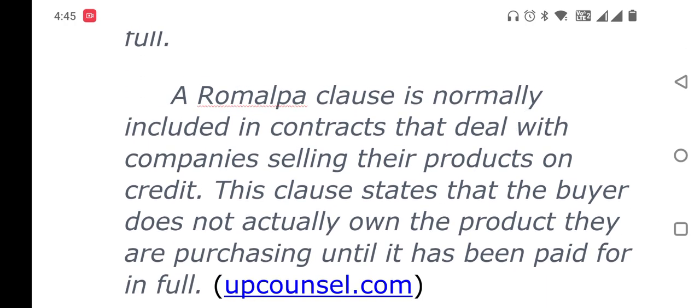This clause states that the buyer does not actually own the product they are purchasing until it has been paid for in full. This we have taken from upcouncil.com.